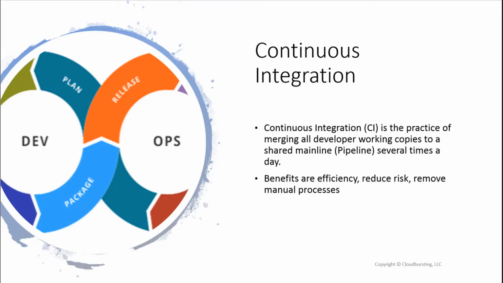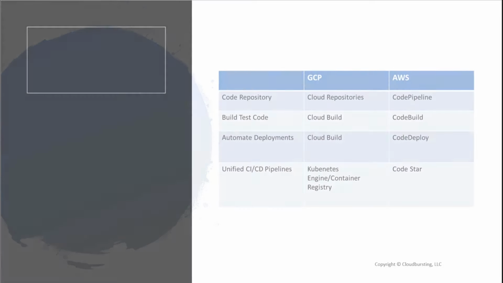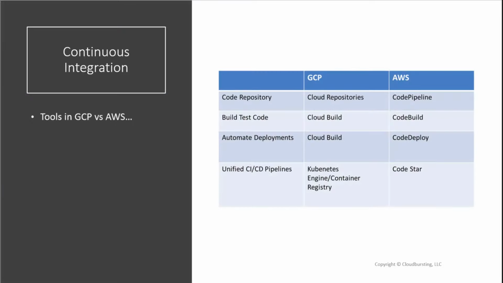Now, one of the things to talk about before we get into some of the details of these services is I want to just do a quick little comparison between Google Cloud and AWS. Now, we know that if we so choose, we could be using a Bitbucket repository, or GitHub.